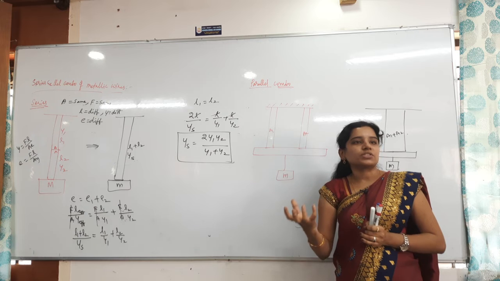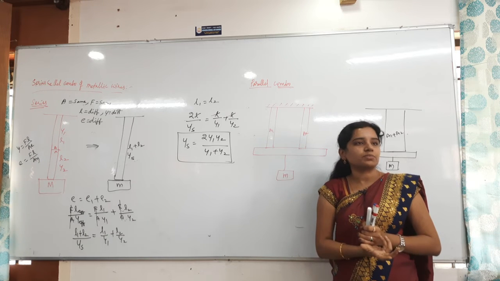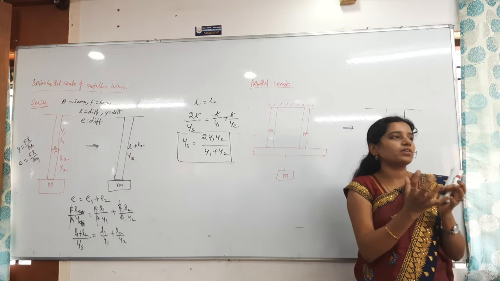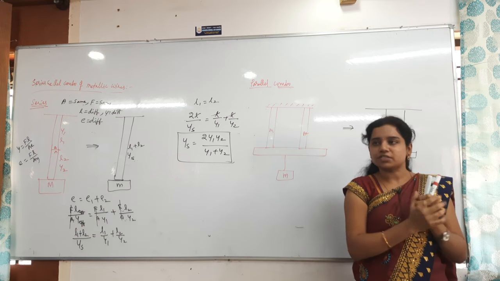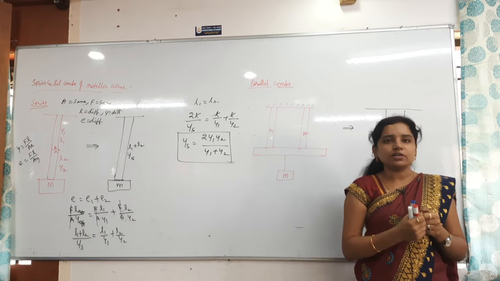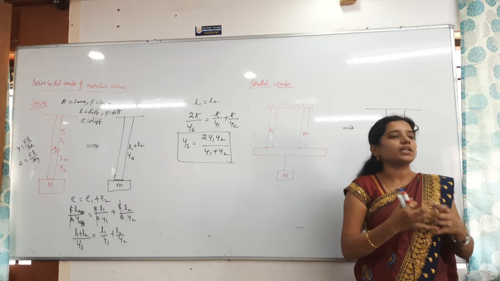See, stress is equal to force by area. If the area is different, for example, I am thin, so I can bear only some sort of stress. If you take another person who is very strong, he can bear more stress. That directly depends on the area of the rod.